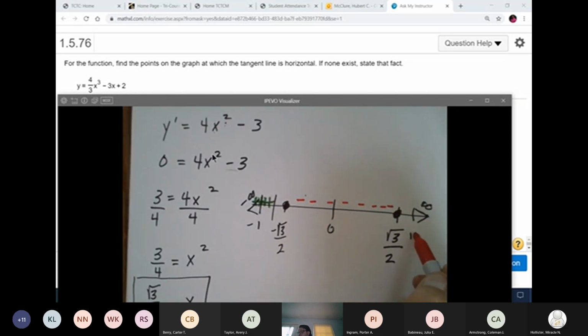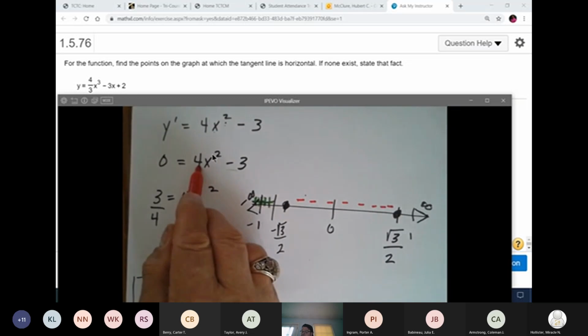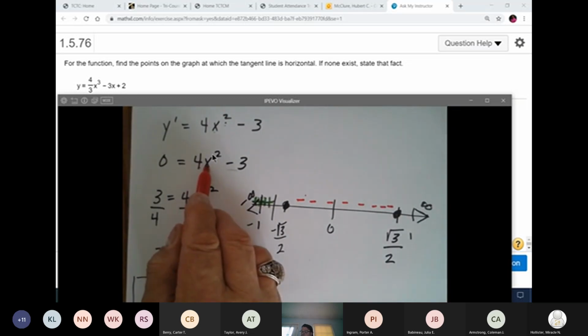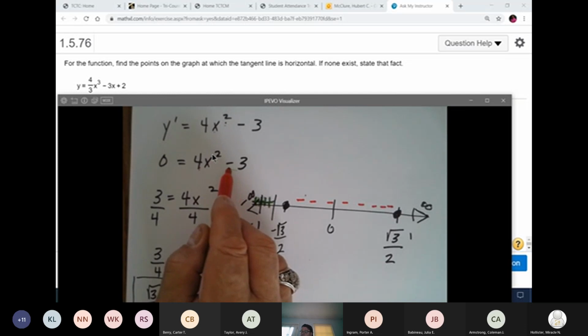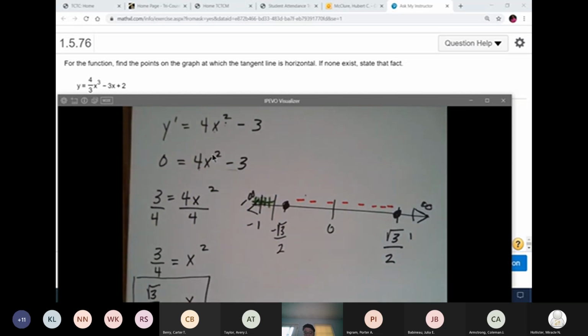And then what's happening with the positive 1? 1, 4 times 1 is 4. 4 minus 3 is what? 1, positive, so that's positive.